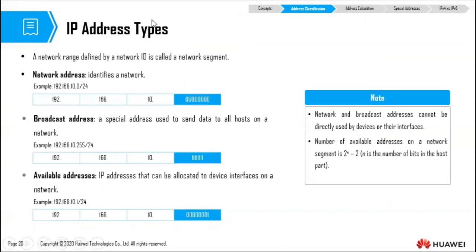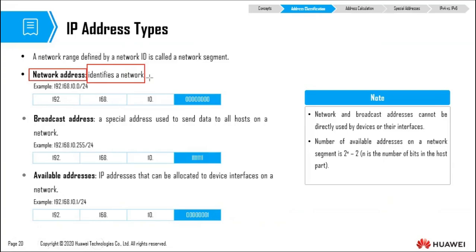So address types, we have several addresses that you must be aware of. One of the addresses is what we call the network address. The network address is used to identify the network and cannot be assigned to an end device.